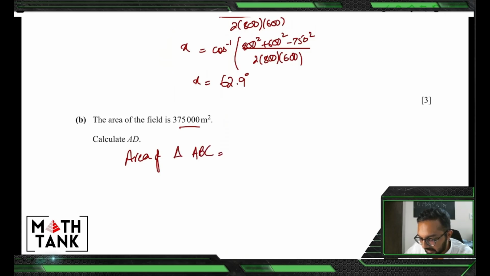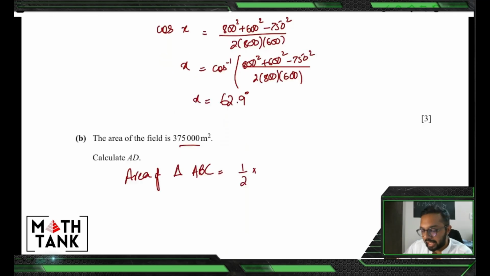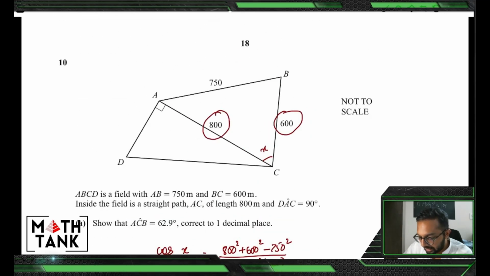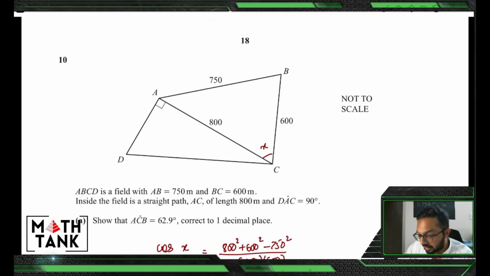Whenever you have a scalene triangle, you can use the formula half into A into B into sine of C. Remember that A and B are the sides that are next to the angle. So these two sides if you're using this angle. Don't end up using a different side. If you end up using 750, it's going to give you the wrong answer.